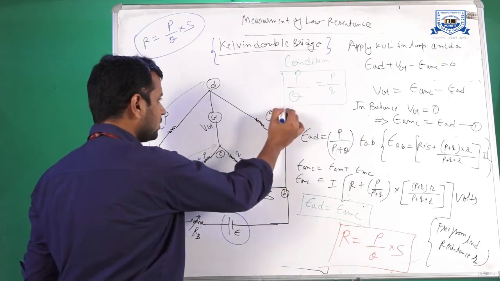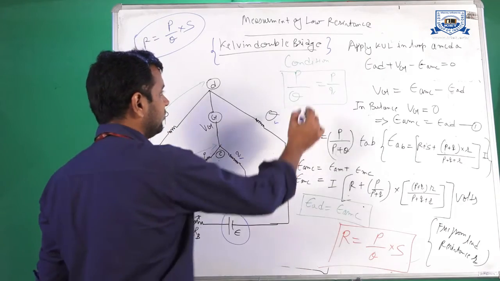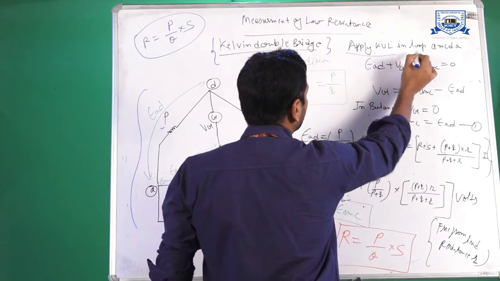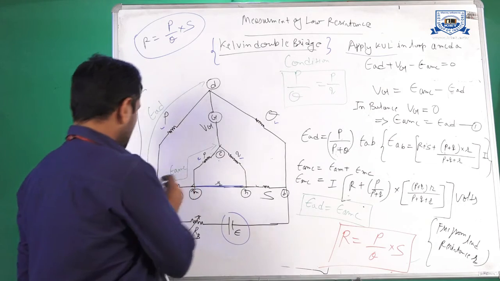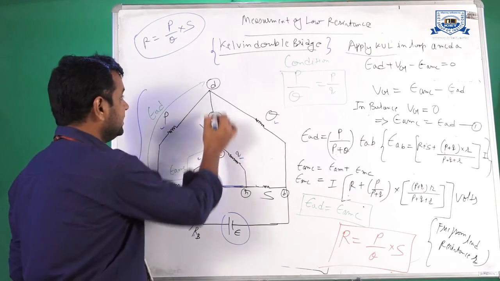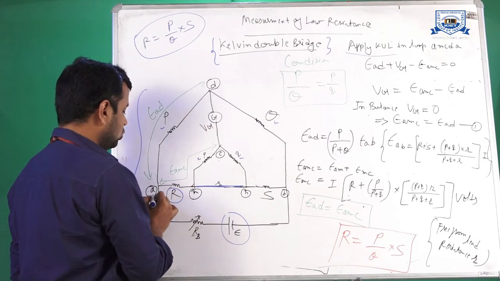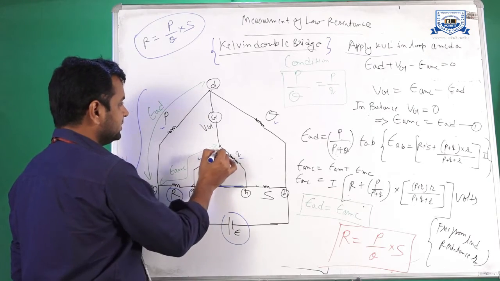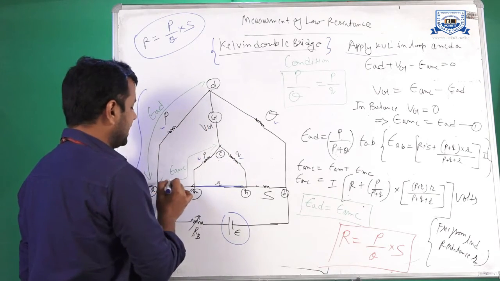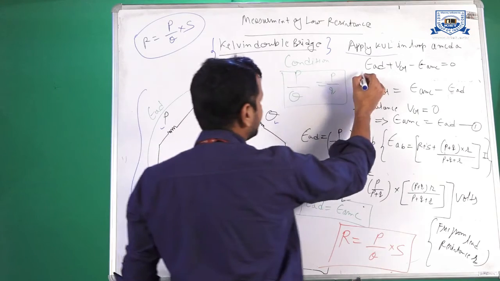Okay, so for calculation, first we will apply KVL in loop AMCDA. If we apply KVL in this loop, we will have the equation.